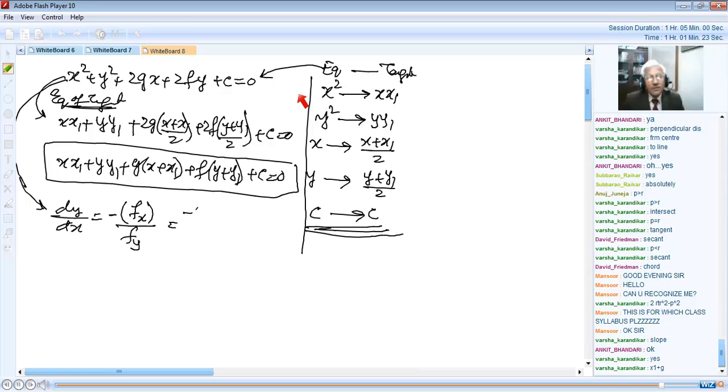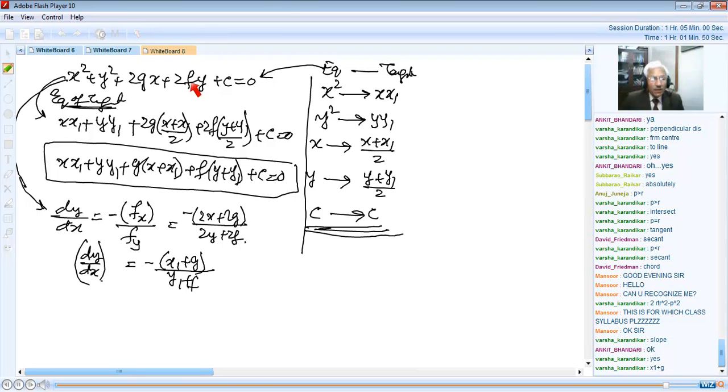That gives minus times 2x plus 2g. And differentiating with respect to y, taking x as constant, you get 2y plus 2f. That gave us minus x1 plus g upon y1 plus f at x1 y1.